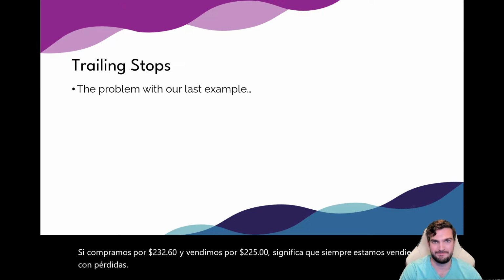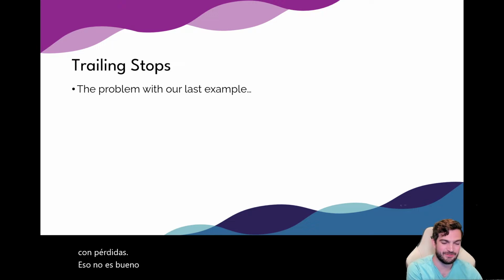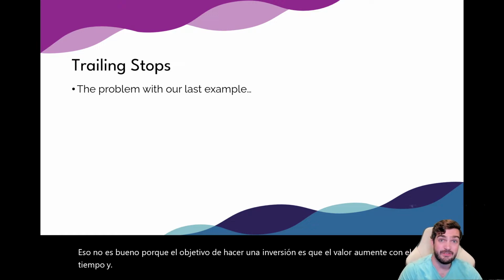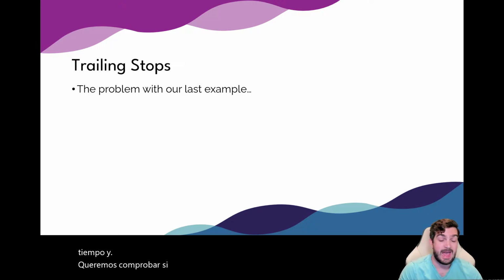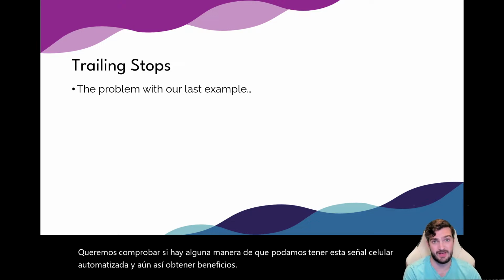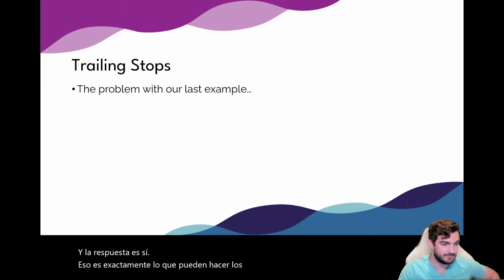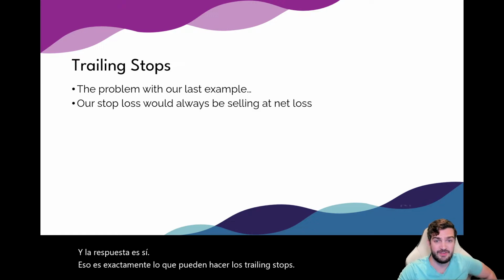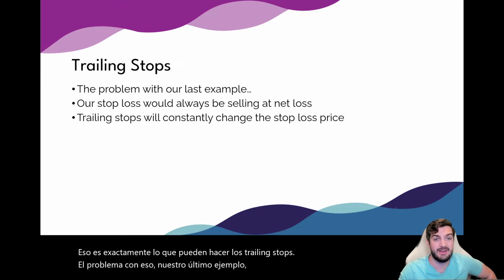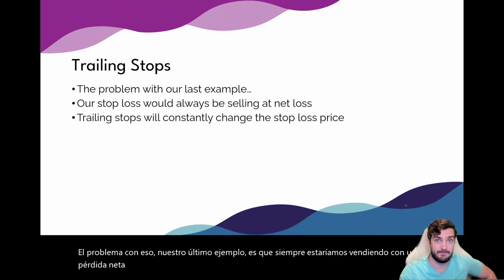That's not great because the point of making an investment is for the value to go up over time. And we want to check, is there a way that we can have this automated sell signal, but still profit some? And the answer is yes. That's exactly what trailing stops can do. The problem with our last example is that we'd always be selling at a net loss. So trailing stops offer a solution.